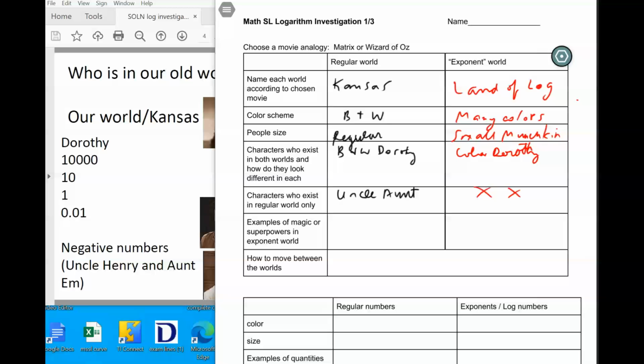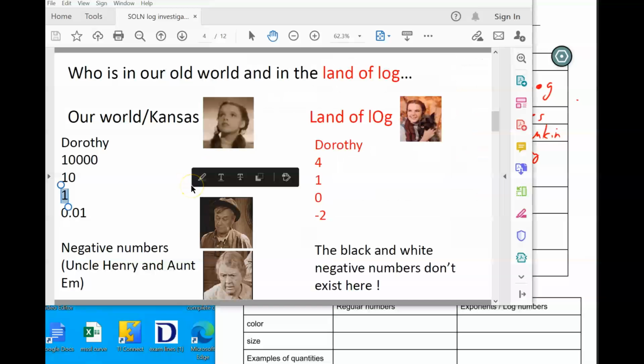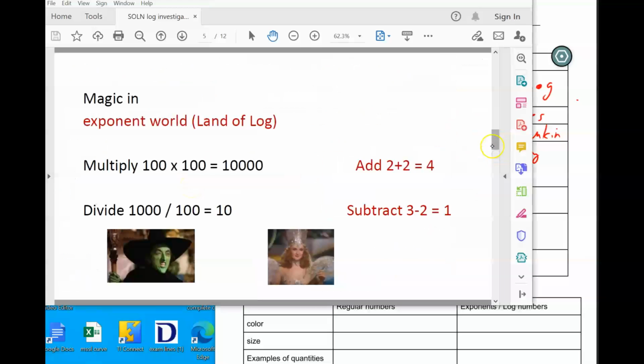Examples of magic. Let's go back to the PowerPoint, shall we? Okay, so let's talk about magic. There is magic in the land of Log, which is the exponent world. In the regular old world, we just have the regular math operations that we've always lived with. For example, we have addition, subtraction, multiplication, and division.